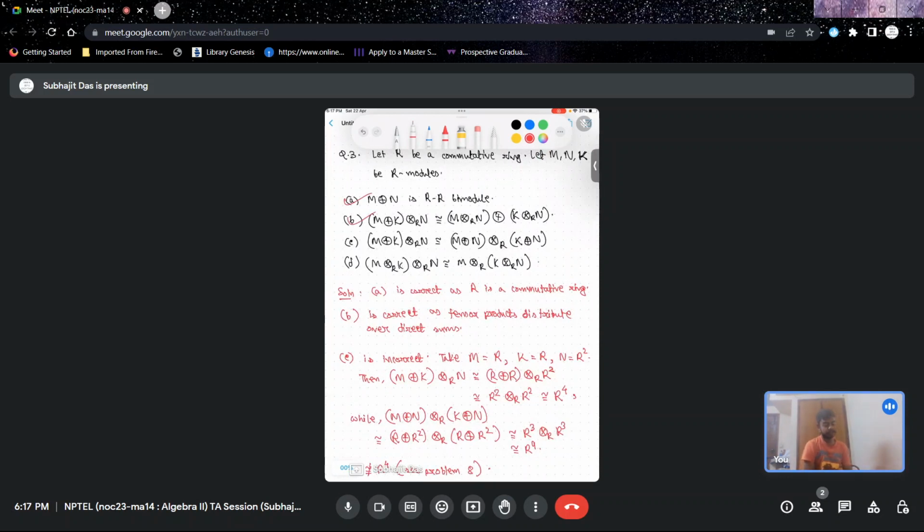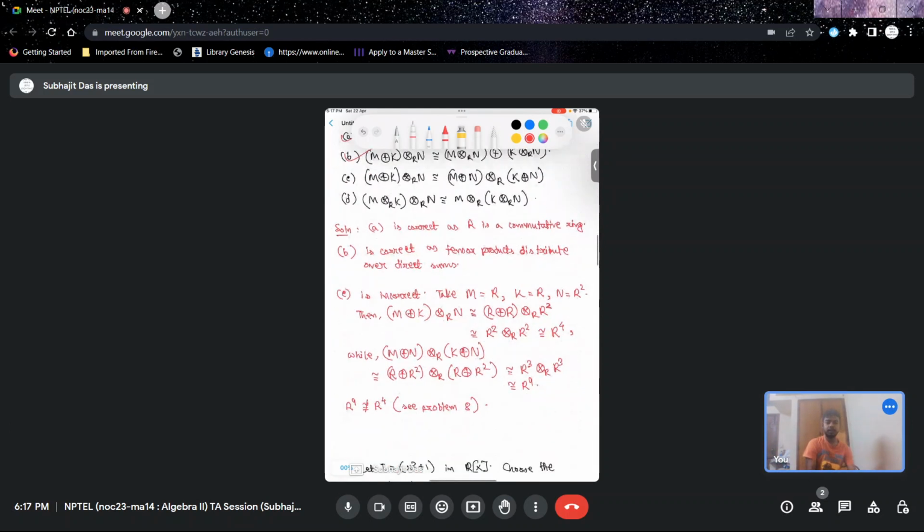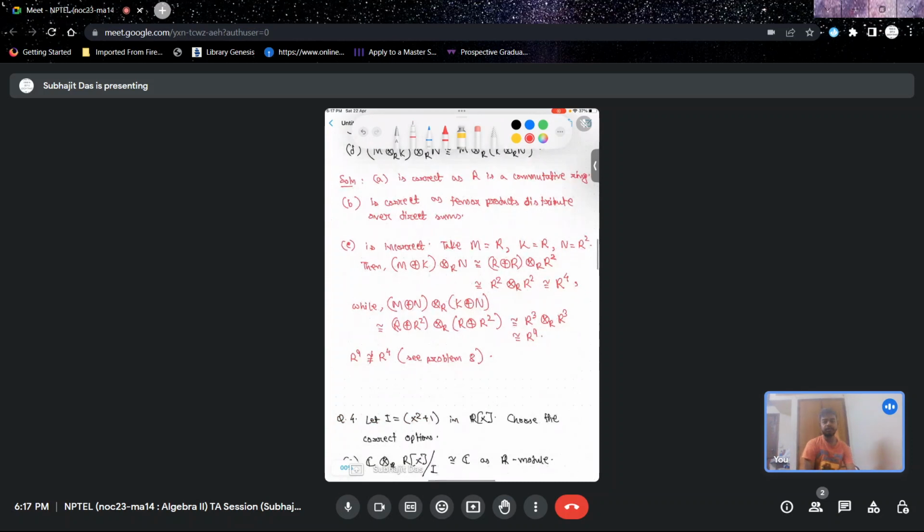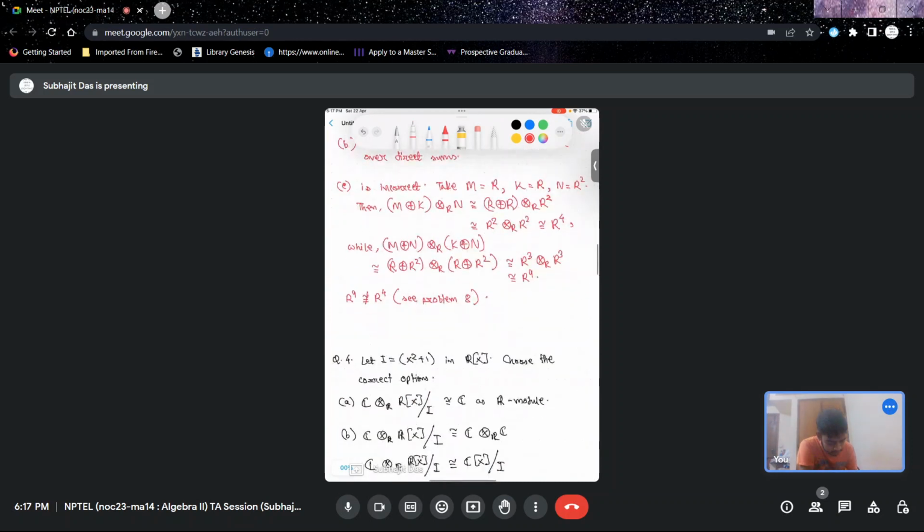M tensored over R with K tensored over R with N is isomorphic to, yeah, so you know that tensor products are associative, so this is obviously correct. As tensoring over R is associative up to isomorphism, certainly.